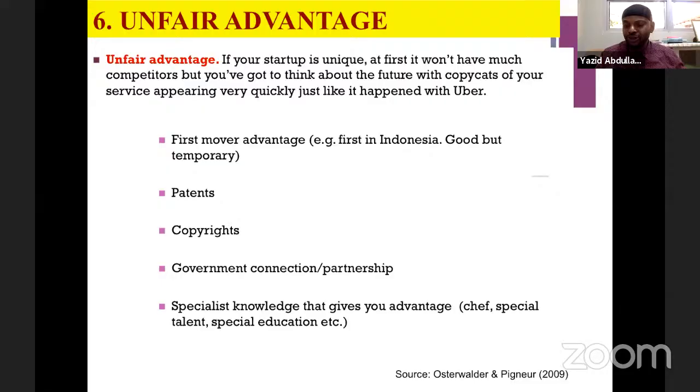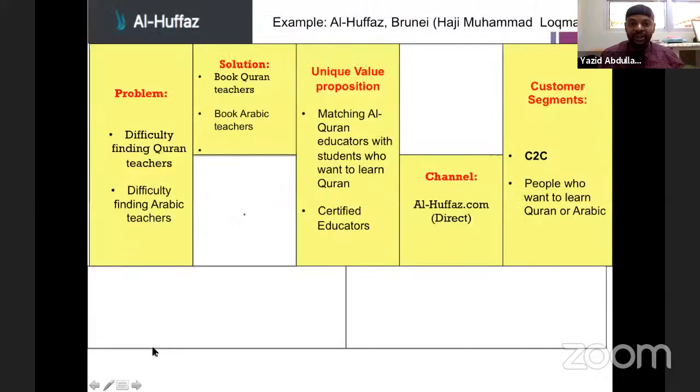Why? Because almost all of the motorcycle drivers are already with them. Motorcycle riders and car taxis are already with them. So based on the little I have told you, what do you think is the unfair advantage that Al-Hufaz has?